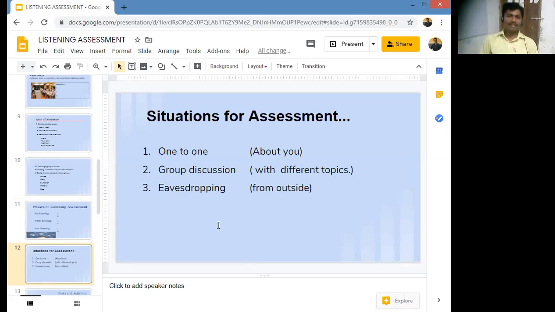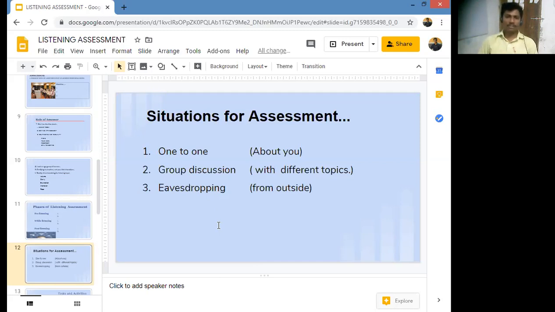We can assess the learner in the first situation, that is the one-to-one situation. It means only the assessor and the learner. We can discuss only about the learner or about yourself in the one-to-one method.